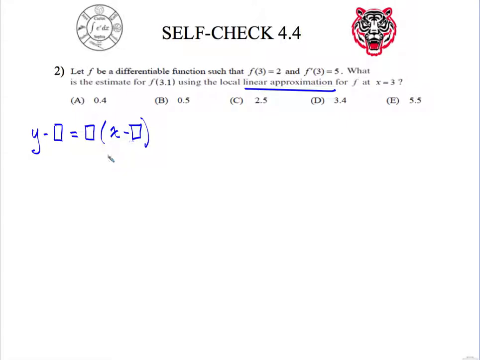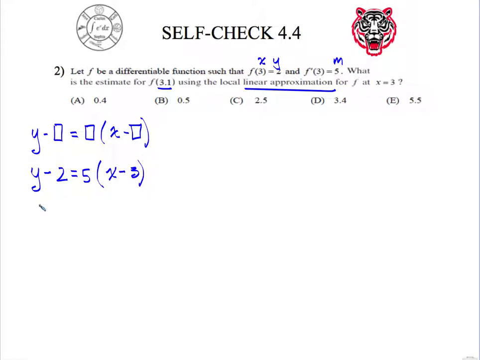All right, so we actually have all of this information here. So tell me what the equation should be in this point slope form. Y minus 2 equals 5 times x minus 3. Yeah, so this was our x coordinate, y coordinate, and that was our slope. All right, and we're plugging in 3.1.